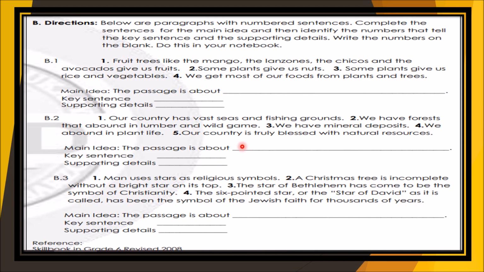And number 5, you can see there. So you're going to write it here. Our country is blessed with natural resources. The main idea is about our natural resources here in our country. Then the key sentence here is number 5, and the supporting details there is 1.